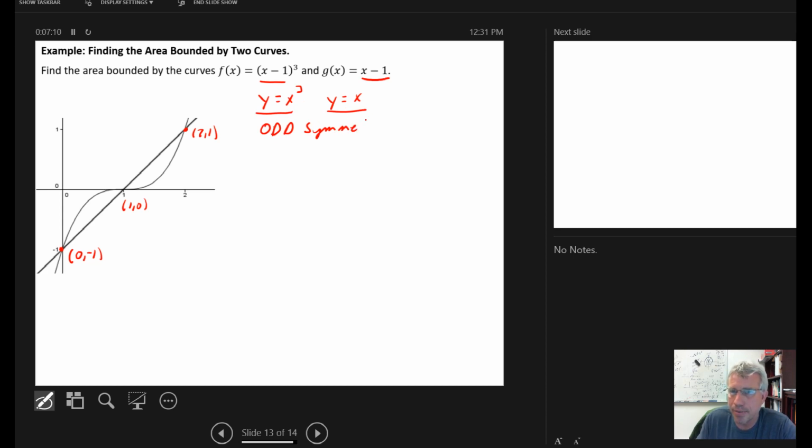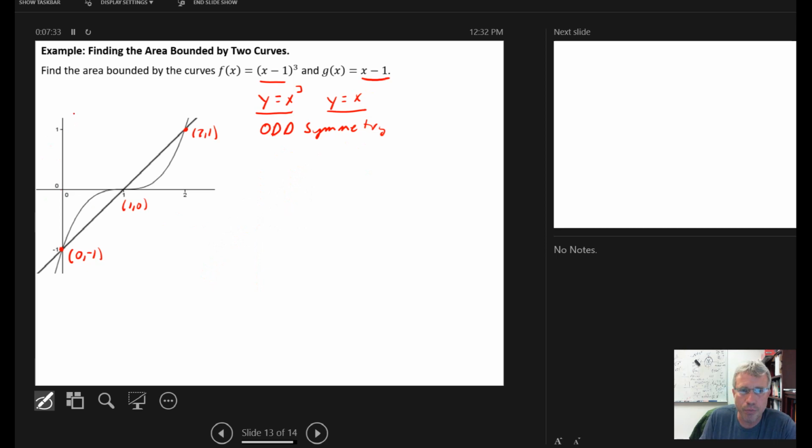Odd symmetry. In other words, each function is a reflection of itself in the origin. So if you were to draw just the cubing function, x cubed, it's a reflection of itself in the origin. And y equals x is also a reflection of itself in the origin.